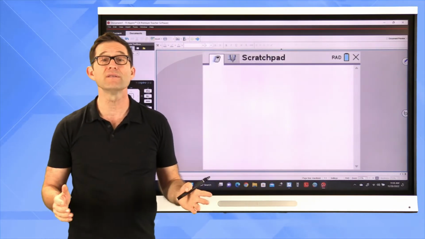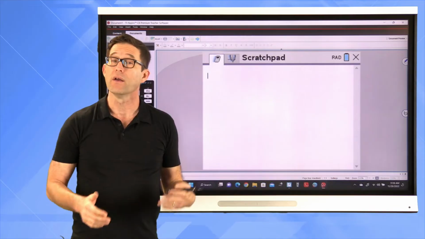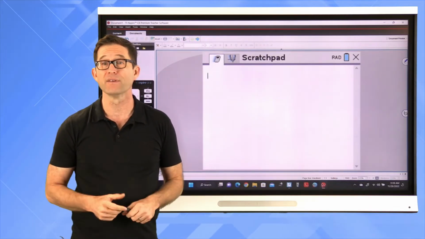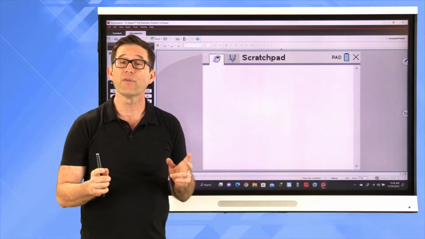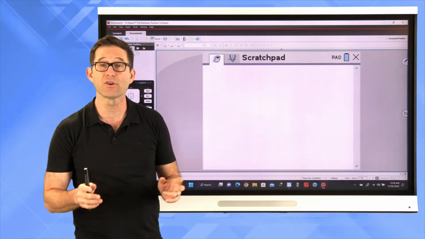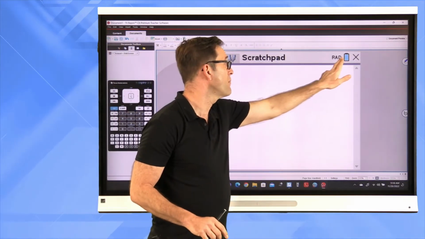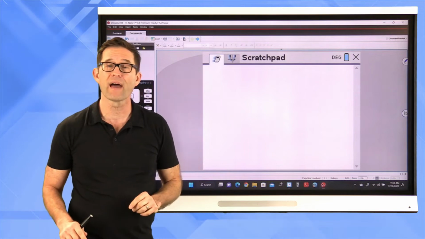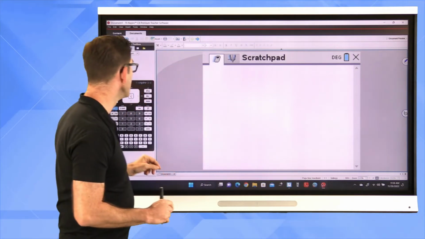Of course, I'm using the TI Inspire calculator. If you're using a different calculator, you're gonna find this in a different spot. I can flip back and forth between radians and degrees by simply bringing my mouse over and literally clicking on that word. That's one way to do it.